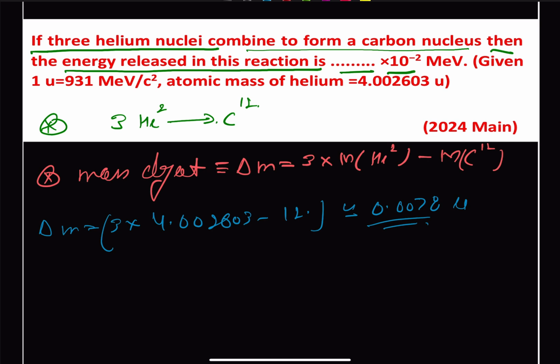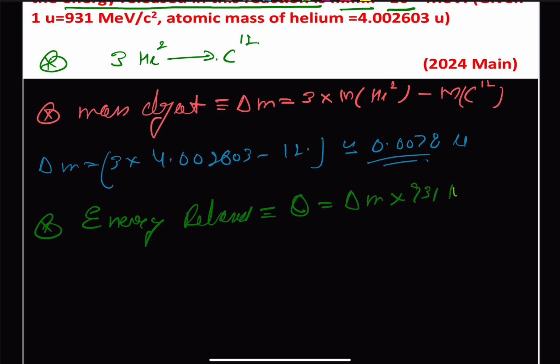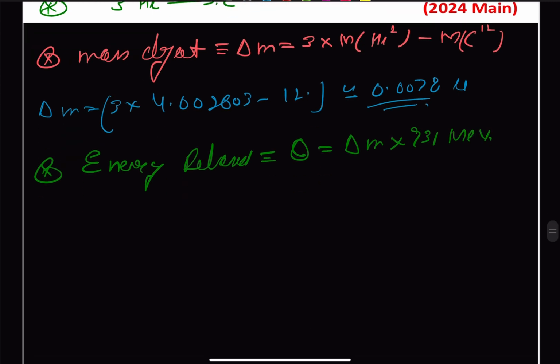Now we can find out the energy released, that is our Q. We will write Q is equal to delta M multiplied by 931 mega electron volt.